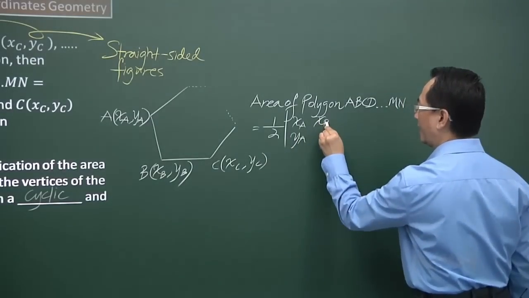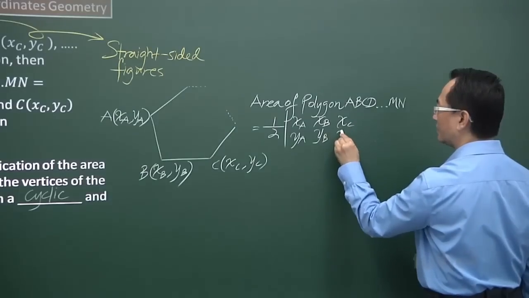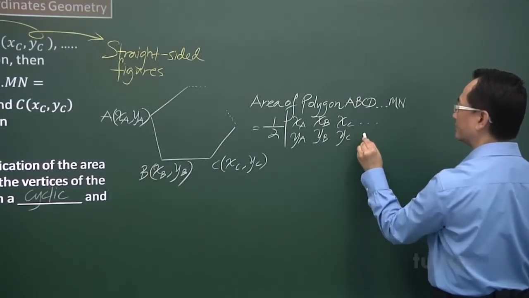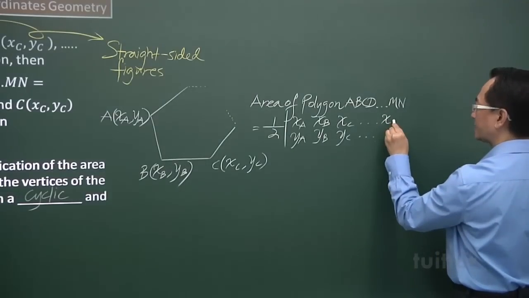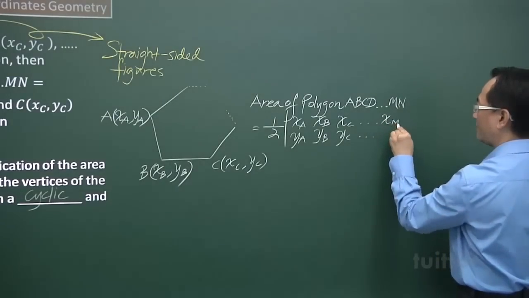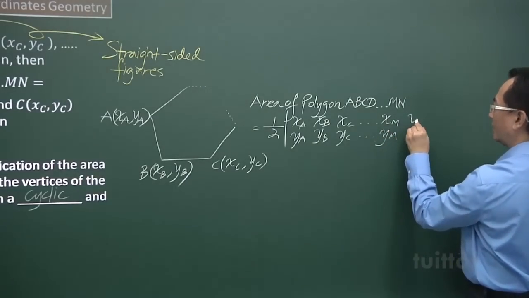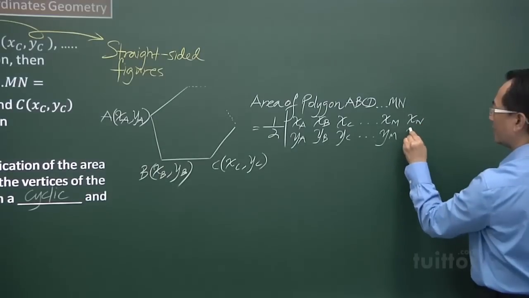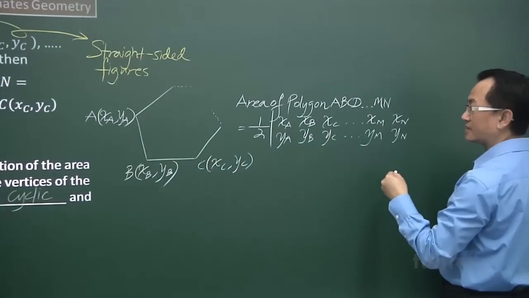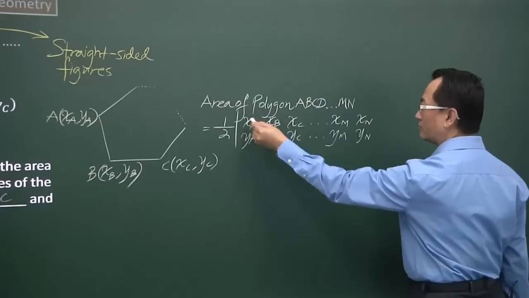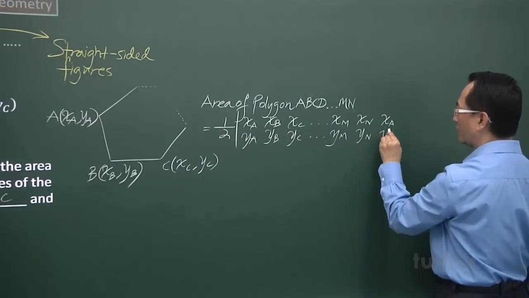Then XB, YB, XC, YC, then XM, YM, XN, YN, and I must close the cycle with the starting point XA, YA.